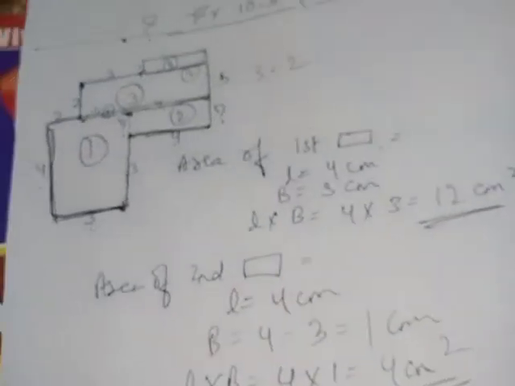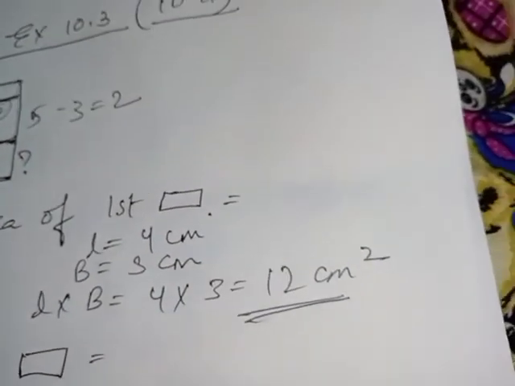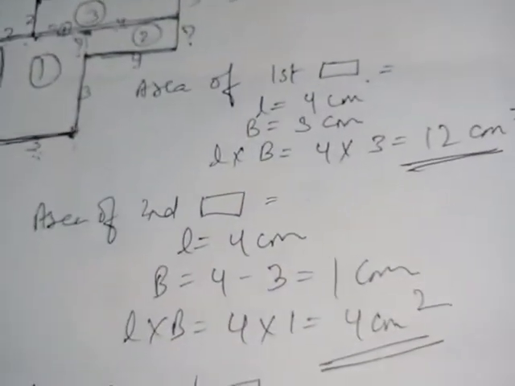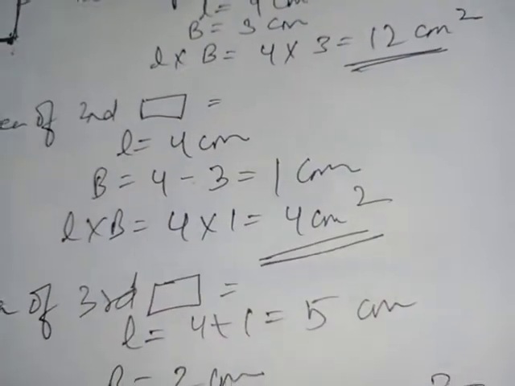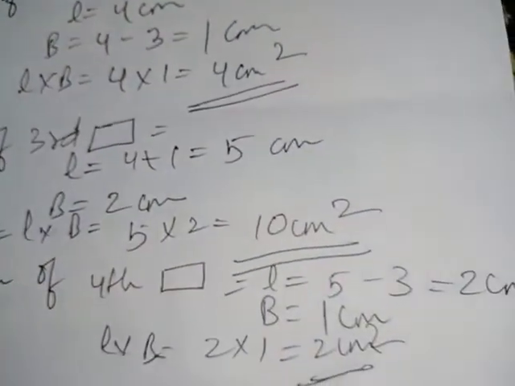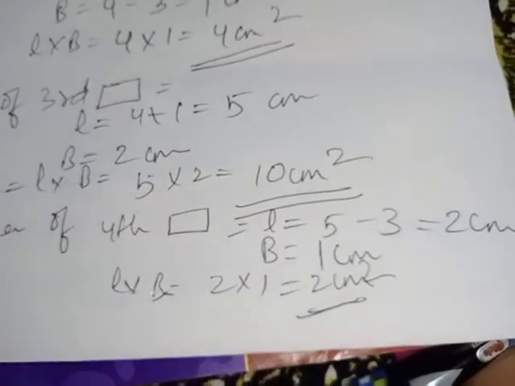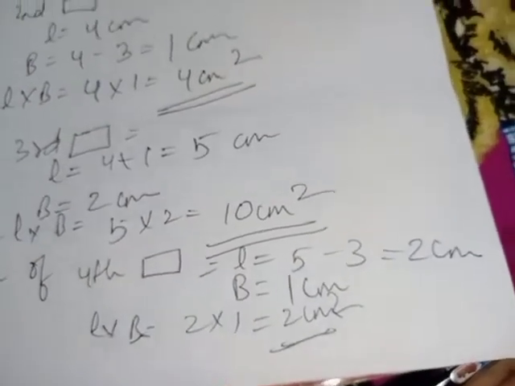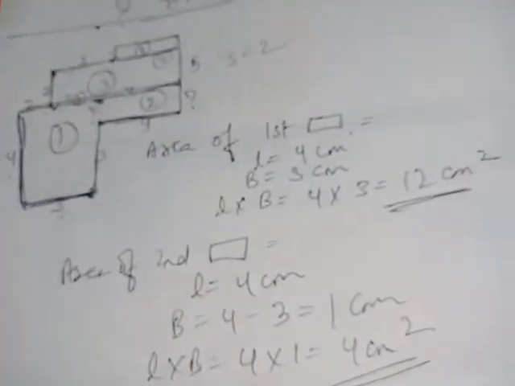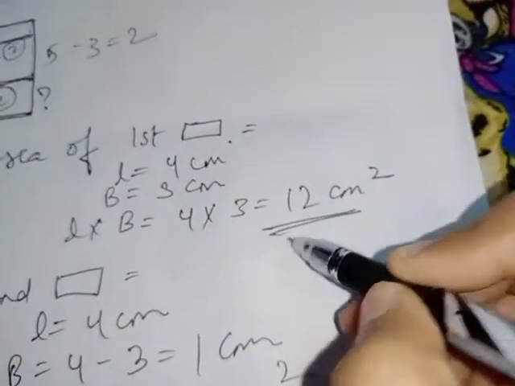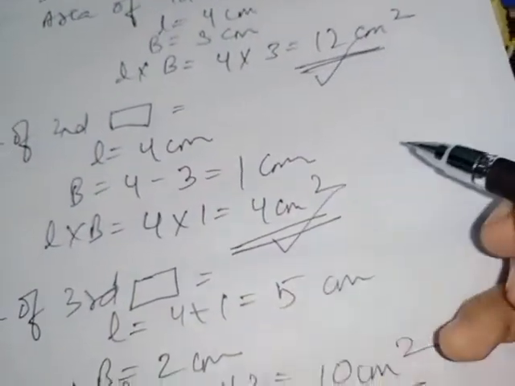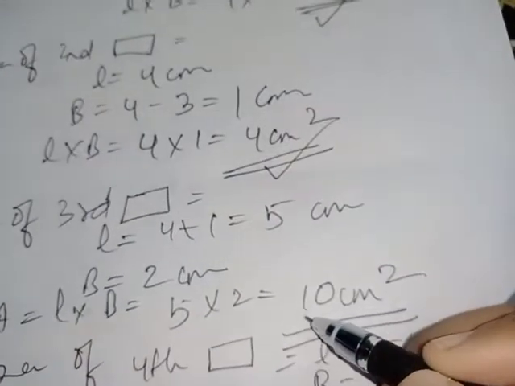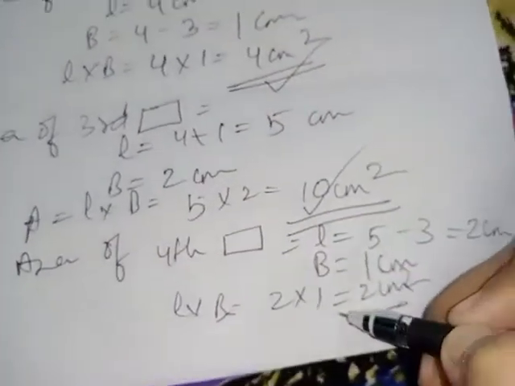Area of first one we got 12 centimeter square. Area of the second one we got 4 centimeter square. Third one we are done with 10 centimeter square, and the last one we are done with 2 centimeter square. We need to find the area of the complete figure, that is 12 plus 4 is 16, 16 plus 10 is 26, plus 2 is 28 centimeter square.